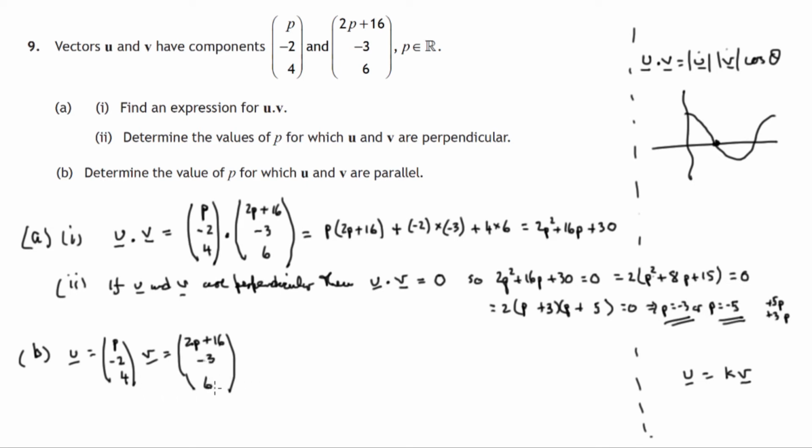Let's take the z component. You'll notice that the larger one is 1.5 times the smaller one. 6 is 1.5 times 4. Take the whole of 4 and another half of 4 to get to 6.